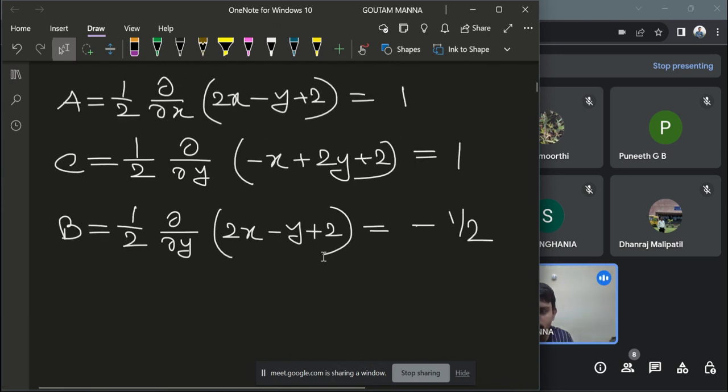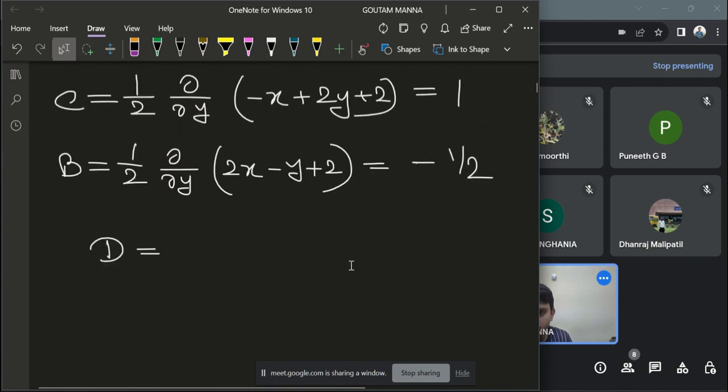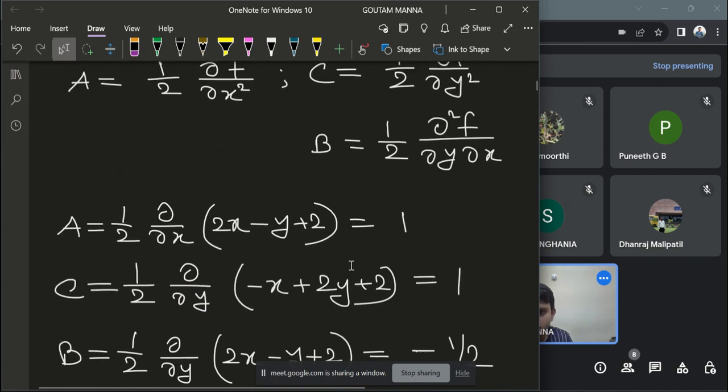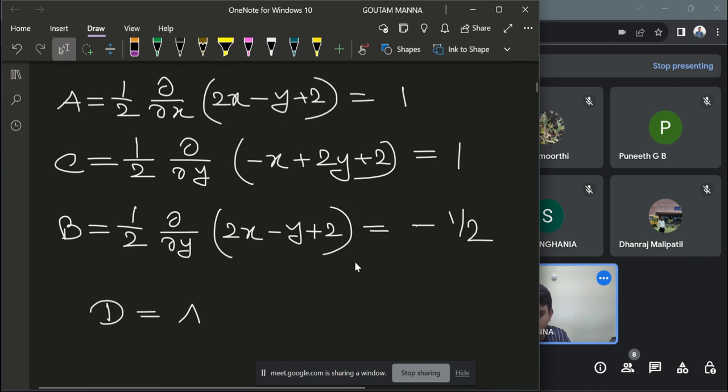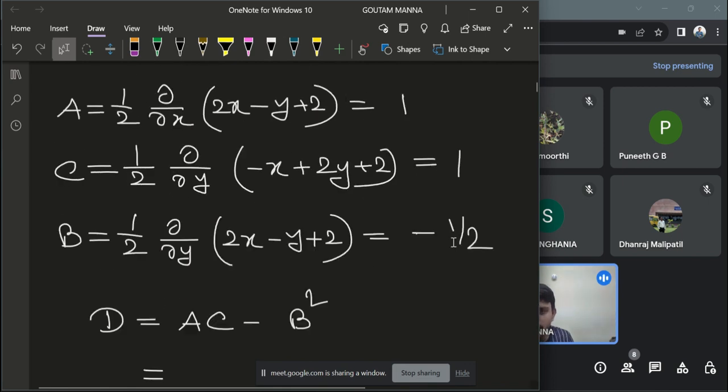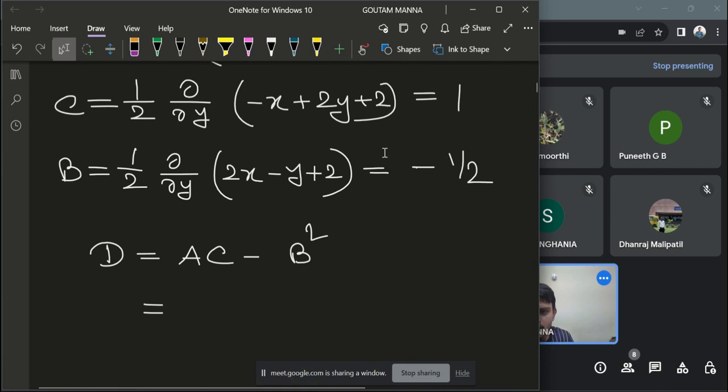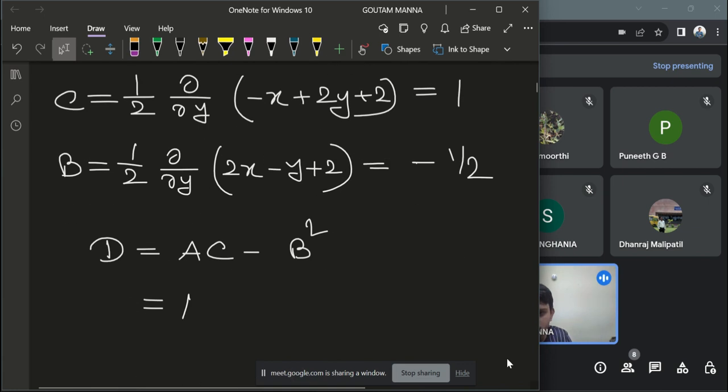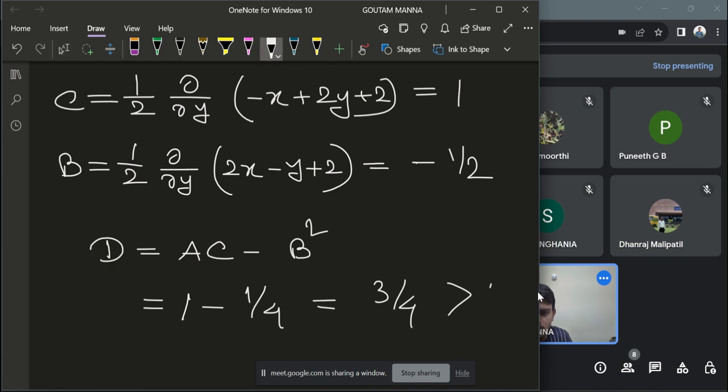So the value of the discriminant D will be AC minus B square. AC is 1, and 1 minus 1 by 4 is 3 by 4, which is greater than 0.